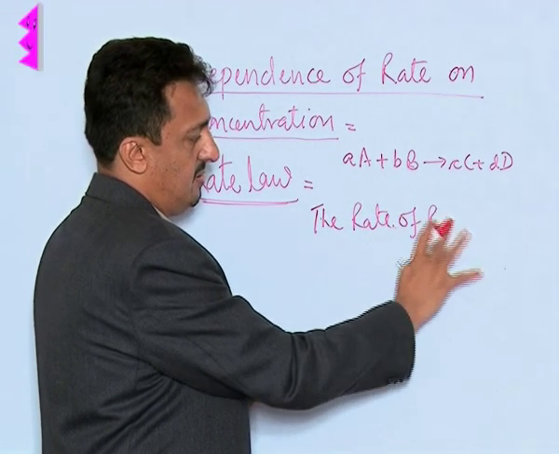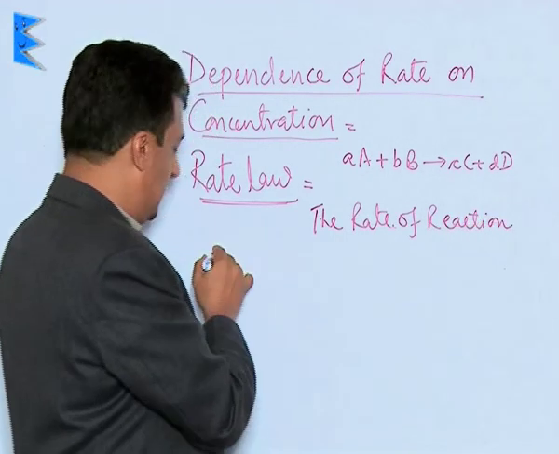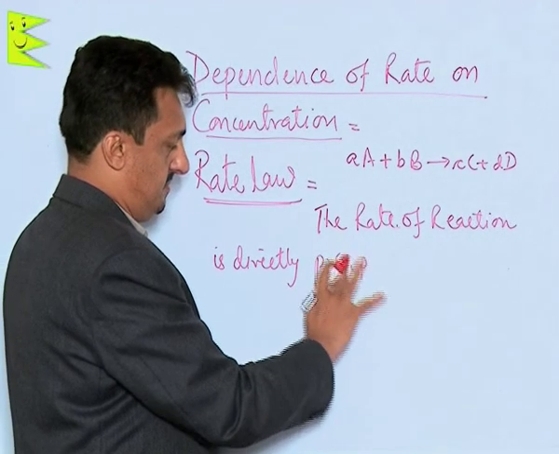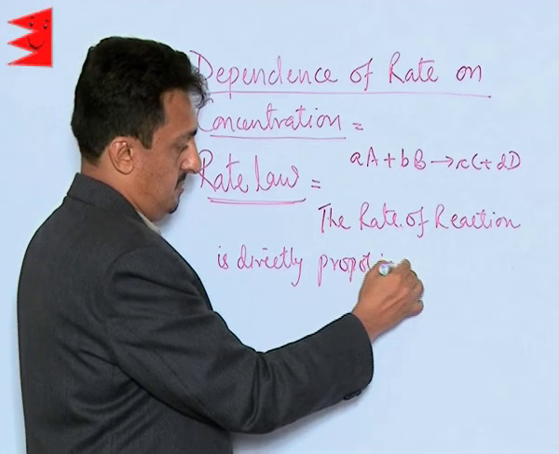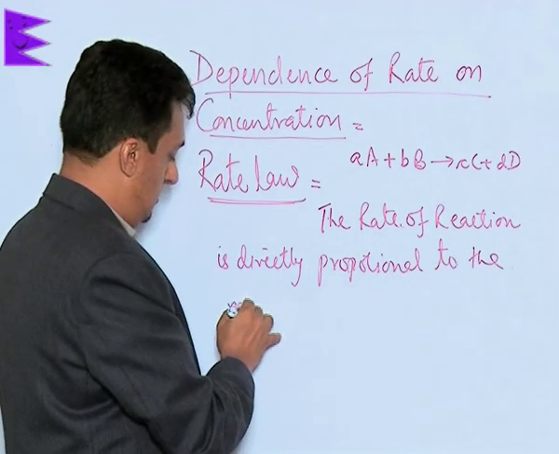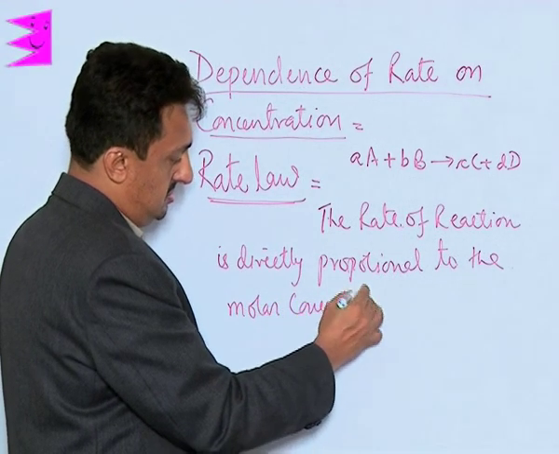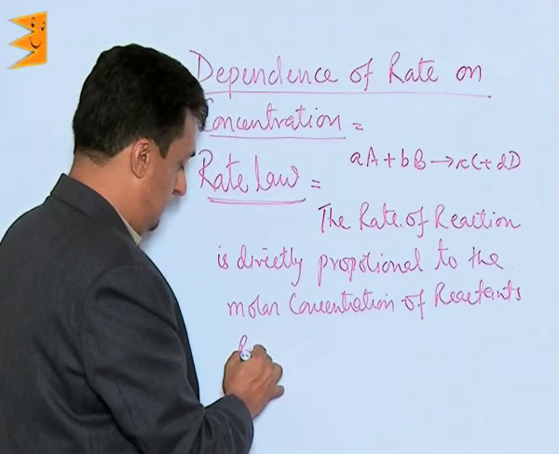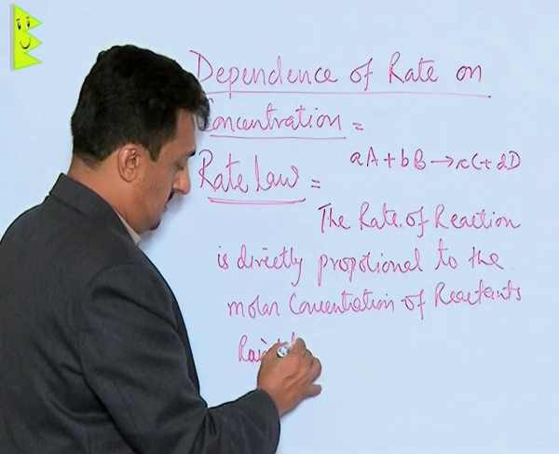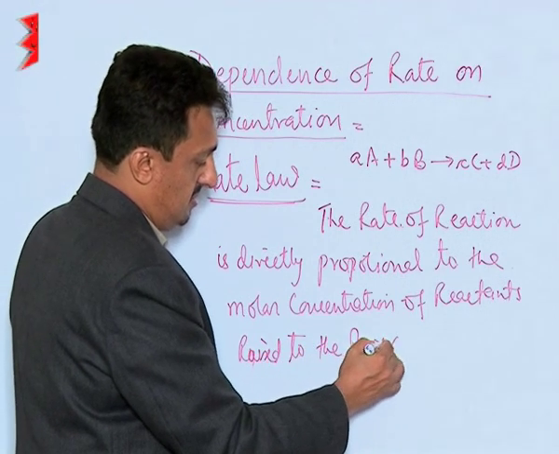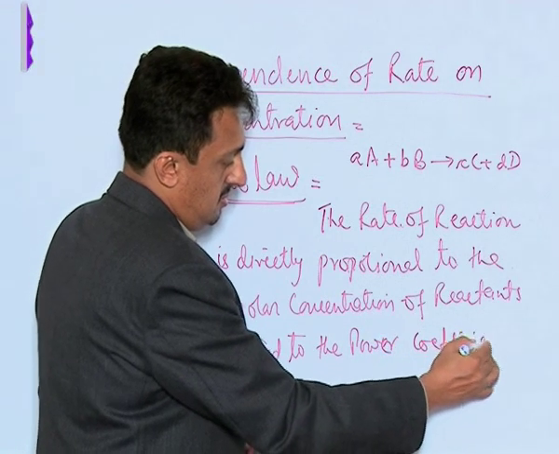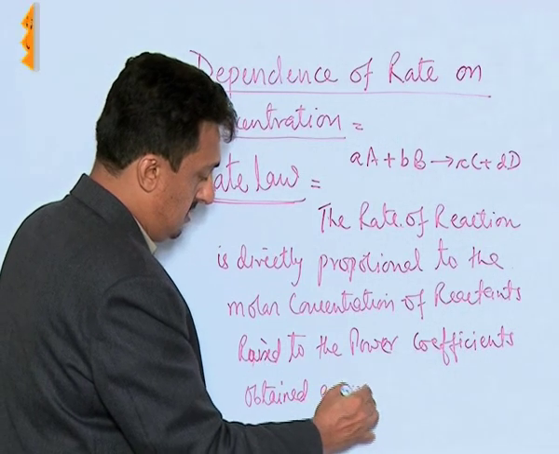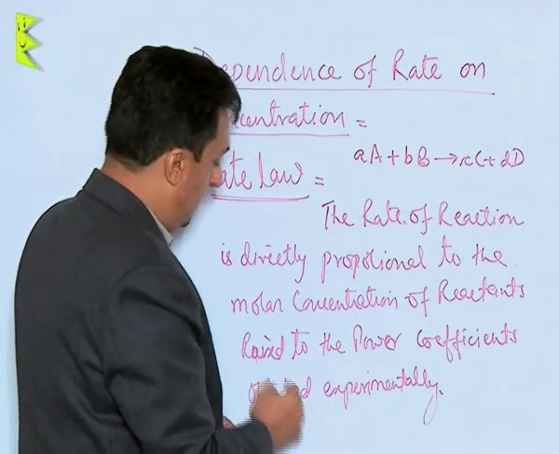The rate of reaction is directly proportional to the product of the molar concentration of reactants raised to the power coefficients obtained experimentally.